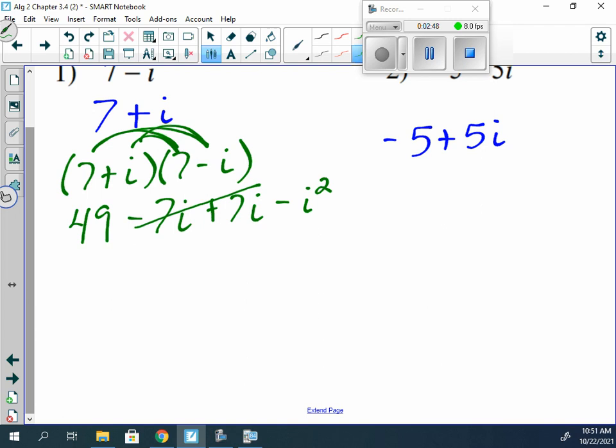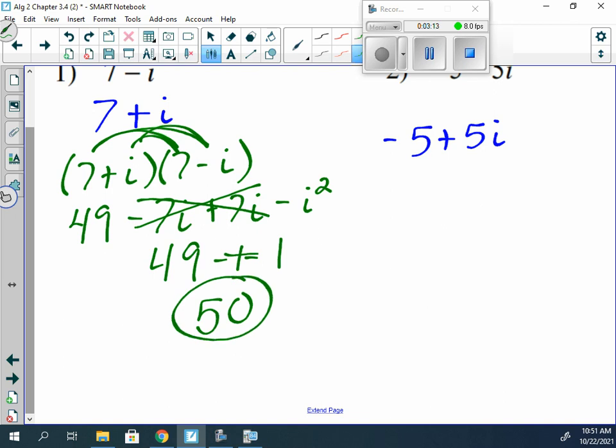Well, this negative 7i plus 7i will cancel because that's going to be 0. 7i minus 7i would be 0. Well, what did we say i squared is? Negative 1. So really we would have negative negative 1, which gives us 50. So if we multiply 7 plus i times 7 minus i, we get 50.